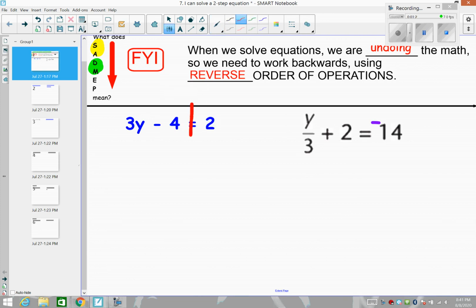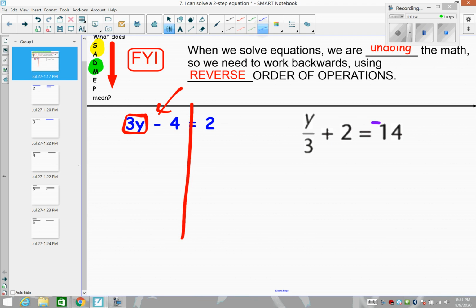So we're still going to build that fence, and we're going to build a house. When we go to build the house this time, we're going to put that 3 inside of the house just because there's other stuff in the yard. So first we're going to get rid of the other stuff in the yard. We'll deal with the 3 in a minute. You can see that that is a subtract 4.